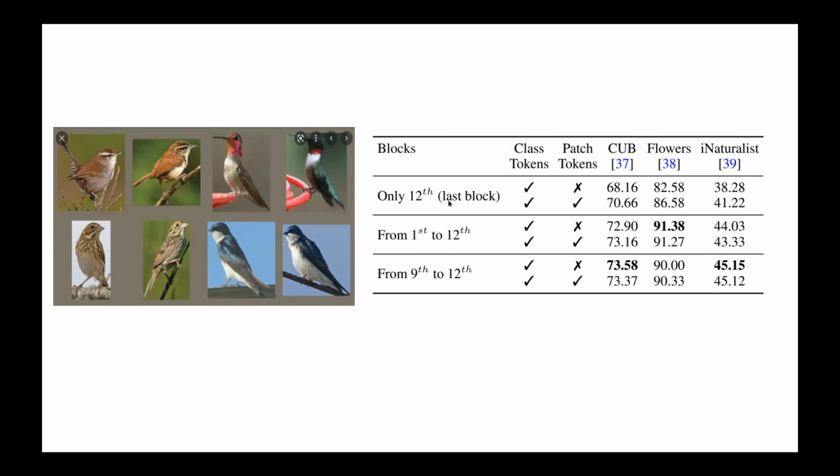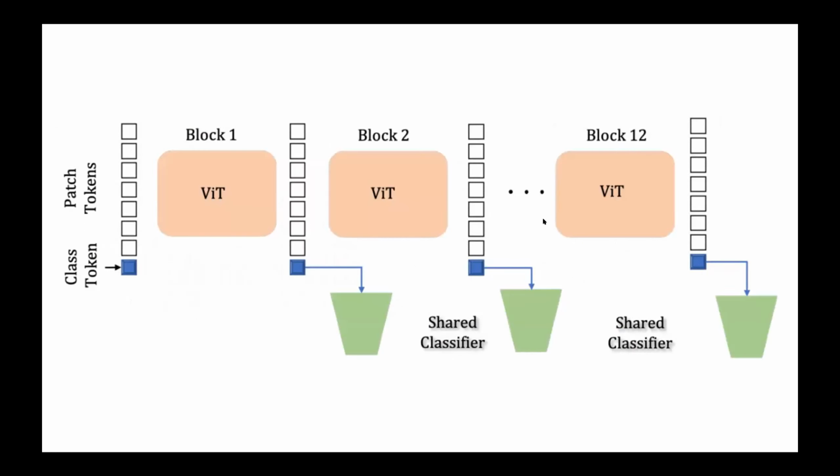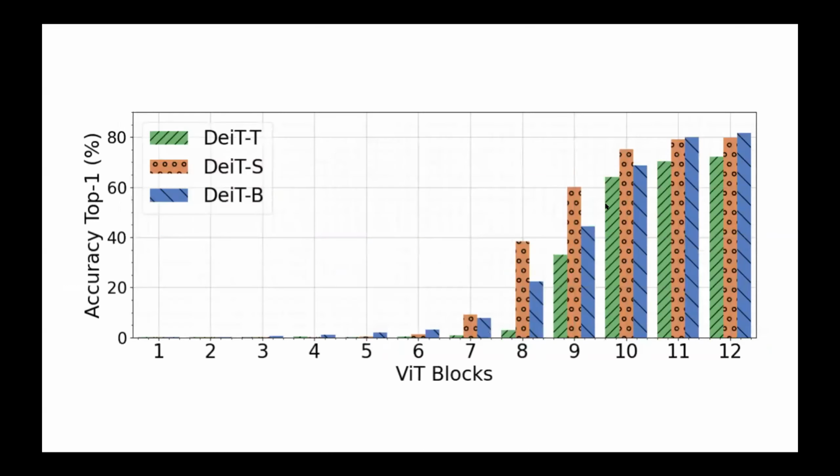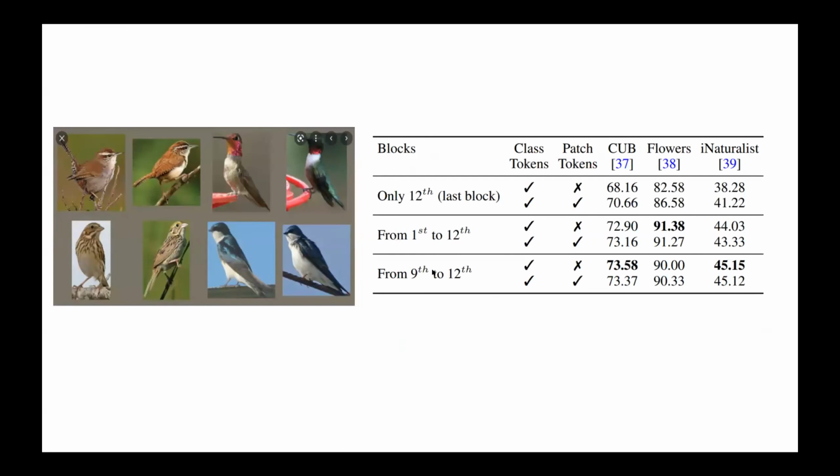When they concatenate the class tokens from blocks 9 to 12, which the previous slide showed, the deeper blocks are more discriminative. When they concatenate the deeper blocks compared to all the blocks, they got better results.